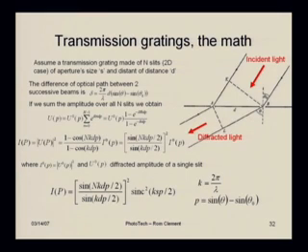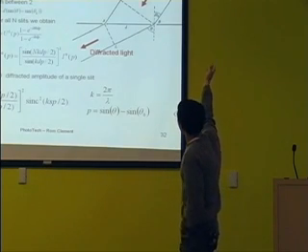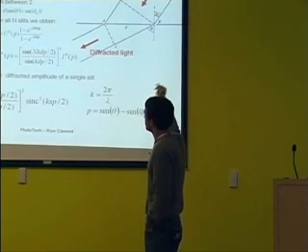So if I'm just considering two beams, because the second beam will go through a different slot, I introduce a difference of optical path, delta, which is proportional to the distance between these two slots, but also proportional to the difference between the incident beam and my diffracted beam.